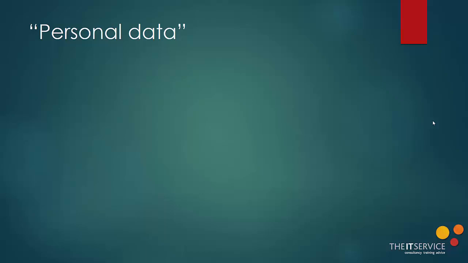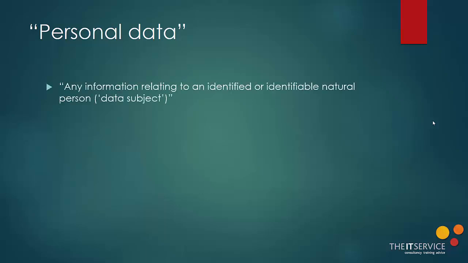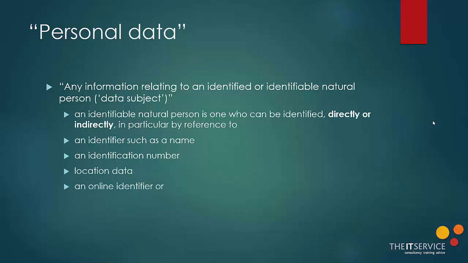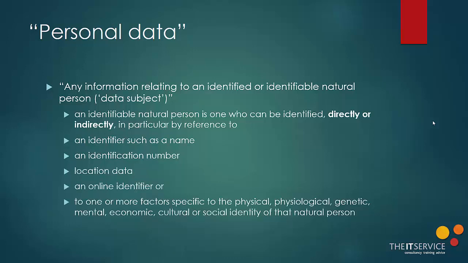The GDPR takes a broad definition of personal data, describing it as any information relating to an identified or identifiable natural person. The definition then goes on to say that an identifiable natural person is one who can be identified directly or indirectly, in particular by reference to an identifier such as a name, an identification number, location data, an online identifier, or one or more factors specific to the physical, physiological, genetic, mental, economic, cultural, or social identity of that natural person.